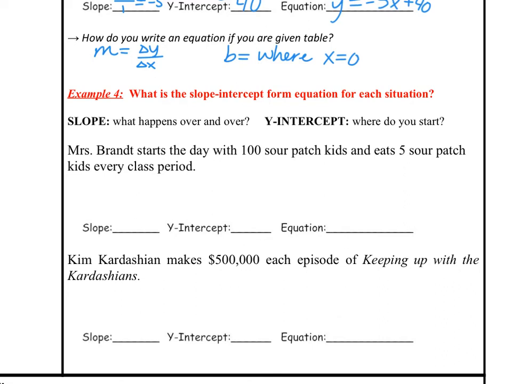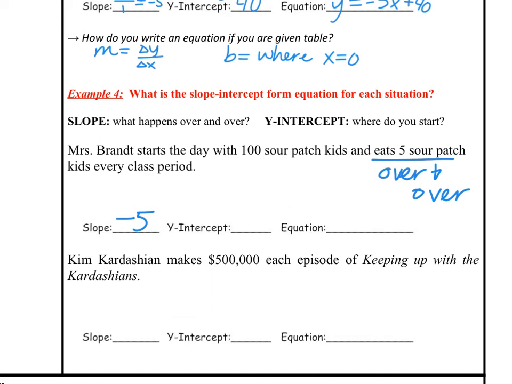So we got to figure out what happens over and over? Which number? Which number happens over and over and over? 5. So this happens over and over. So that would be your slope. And are we gaining 5 Sour Patch Kids or losing them? So -5 would be your slope.